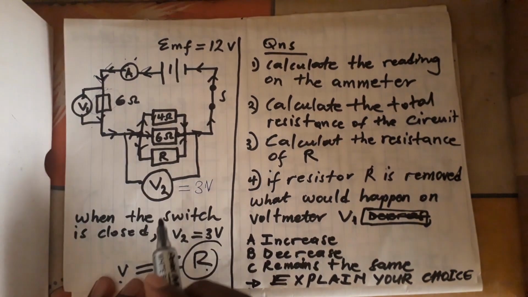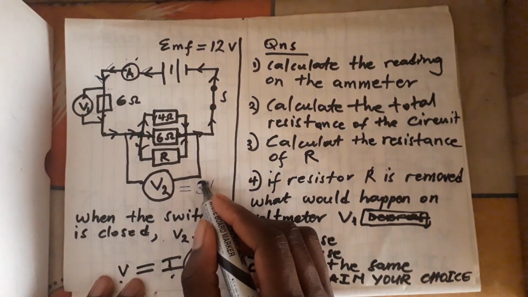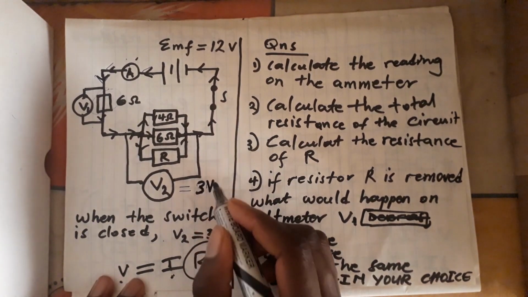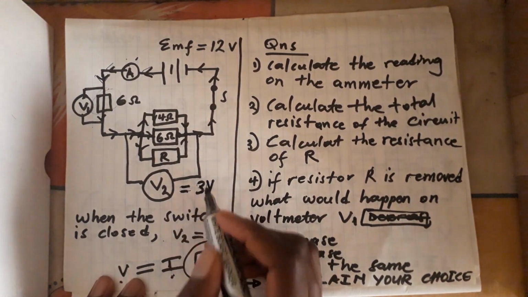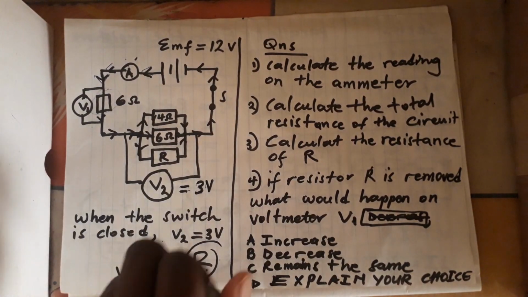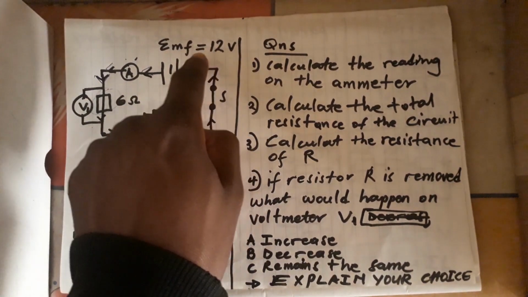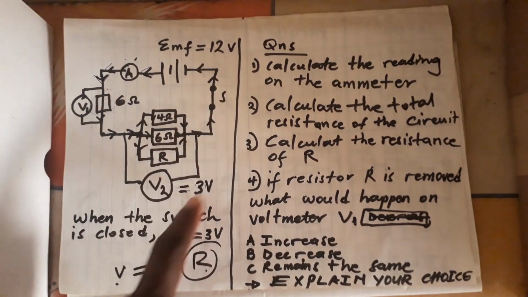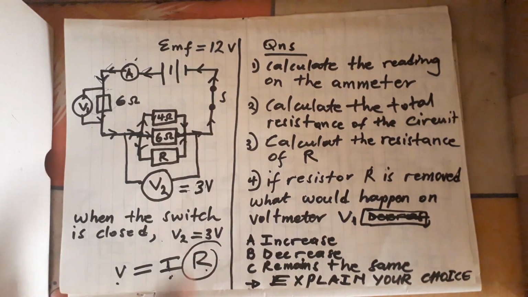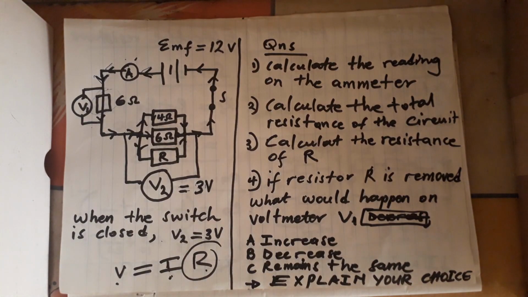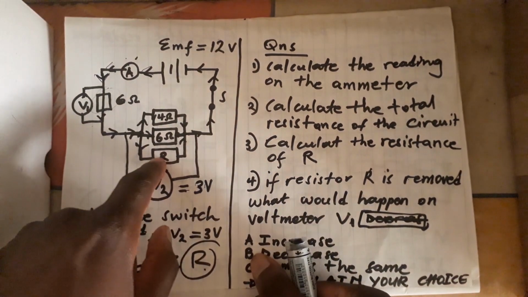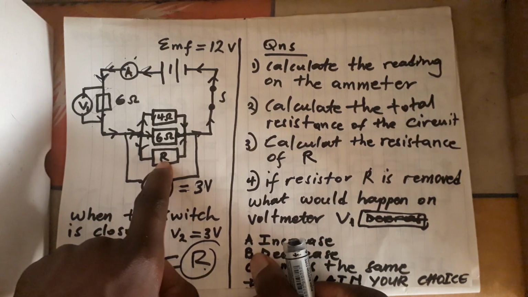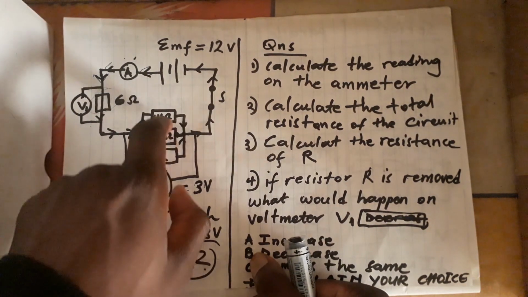But when we look at this, they told us that V3 is equal to 3 volts, meaning that from 12 volts, we already have 3 volts used in this one. What does that mean? It means that the voltage here, or the potential difference on R, is 3 volts, 3 volts here and 3 volts here.